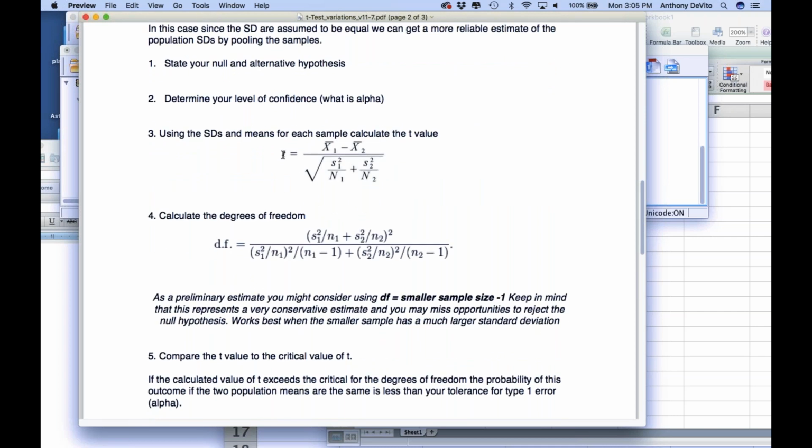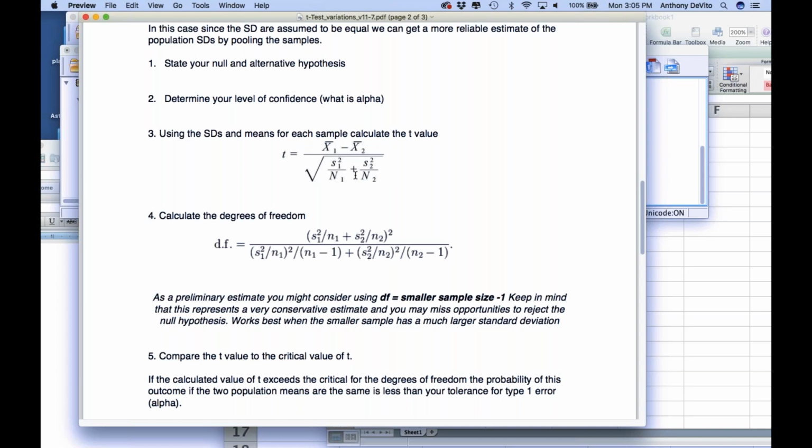Now, notice that the calculation, if you assume unequal variances, is actually a little simpler, isn't it? The t value, the number of standard deviations apart, the t-score that you have to compare to the critical value, is the difference between the two means, x bar 1 minus x bar 2, over the standard error.